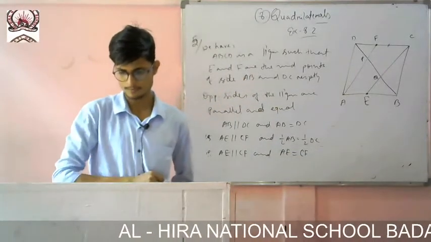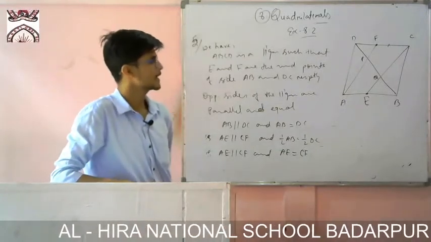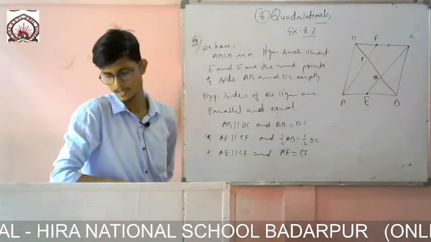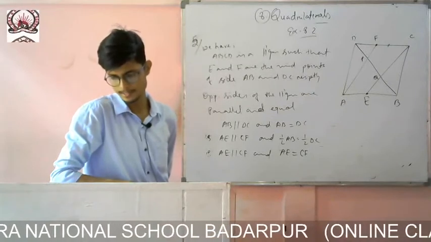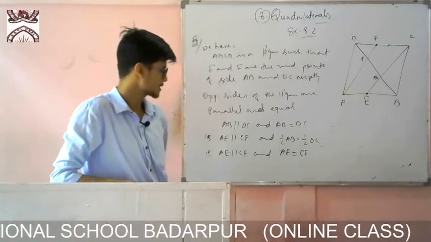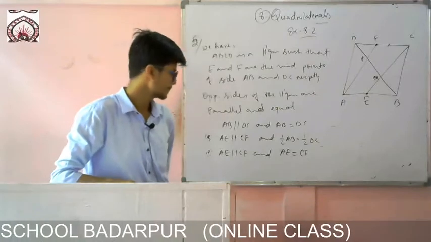So what we can understand from this is that AECF is a quadrilateral having opposite sides parallel and equal. So we can say that AECF is a parallelogram.